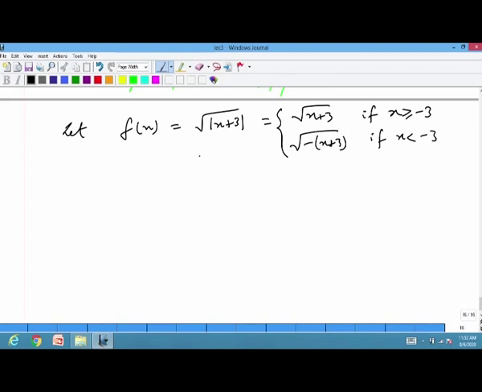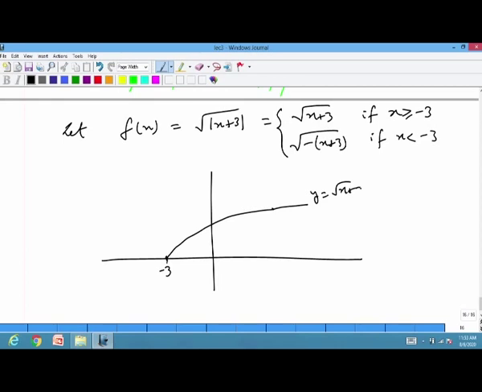So, we can try to draw this for x bigger than equal to minus 3. So, we have this is x equal to minus 3 and y equal to square root of (x plus 3), this is this part of the parabola like this. This is y equal to square root of (x plus 3) for x bigger than equal to minus 3, and this f(x) is symmetric about this.